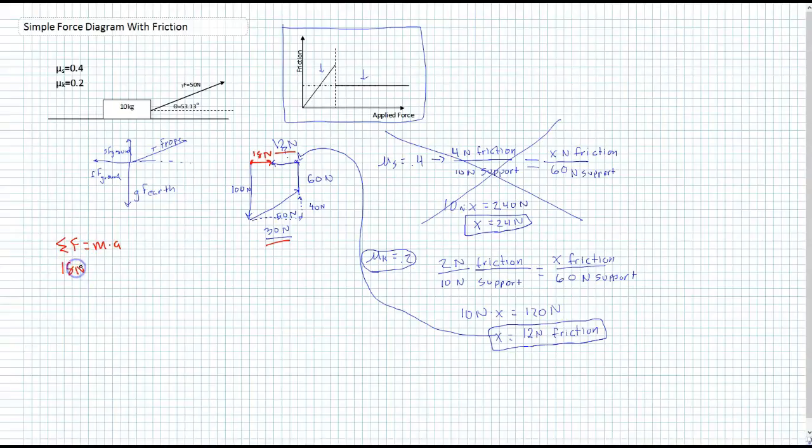That's 18 newtons to the right equals 10 kilograms times a. The acceleration is going to equal 1.8 newtons per kilogram, and the direction of that would be to the right, as indicated on the vector diagram. Hope this has been helpful. Thank you very much.